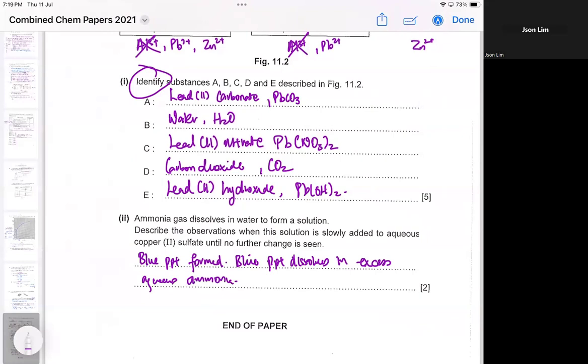So it dissolves in aqueous ammonia to form a deep blue solution. This is the test for copper with aqueous ammonia.